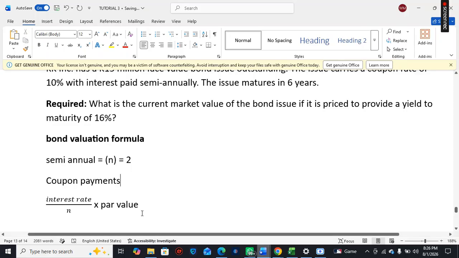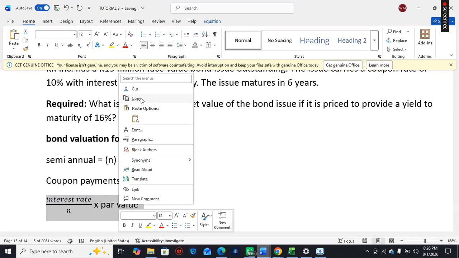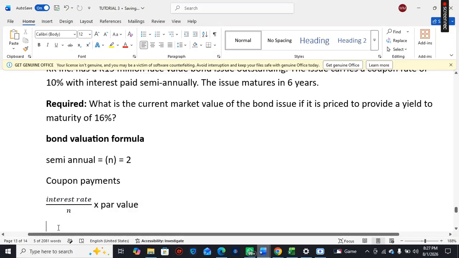So we want to get our interest payments or our coupon payments. The interest rate is 10%, so it's 10% divided by 2 multiplied by 15 million.